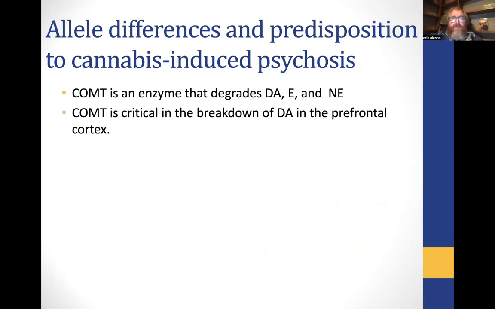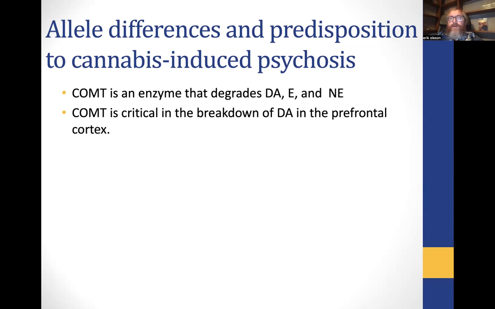So a group from Britain, led by Robin Murray, amongst others, went down to Dunedin, New Zealand, this area where people also tend not to leave, and there is also a lot of cannabis use there. And really, they took part of a larger longitudinal study, but in their small part of it, they looked at this one gene that encodes COMT.